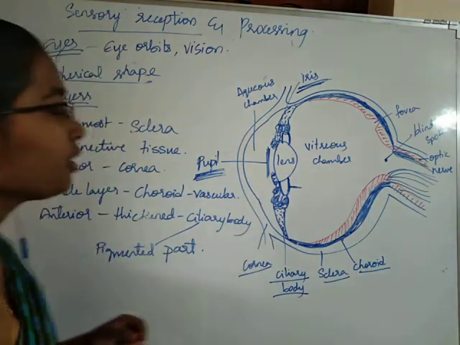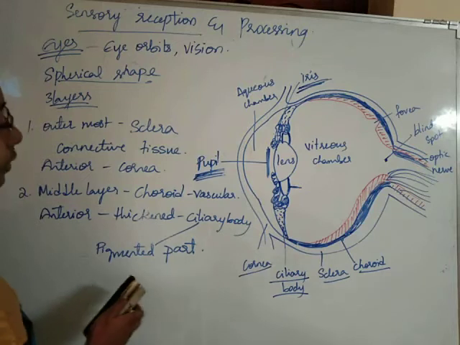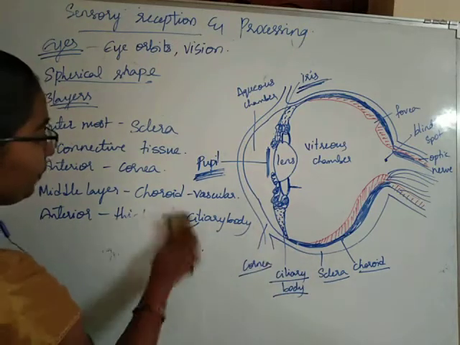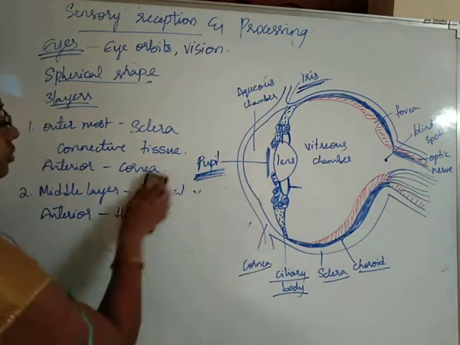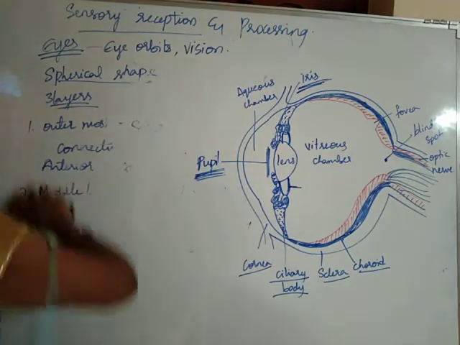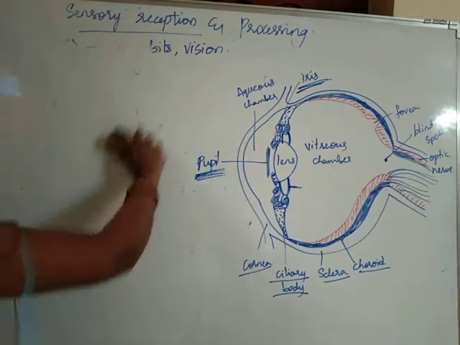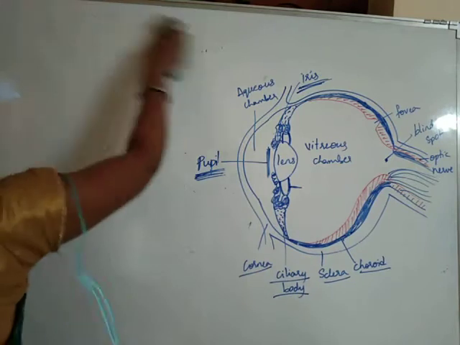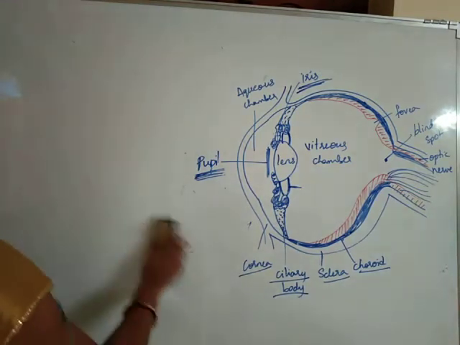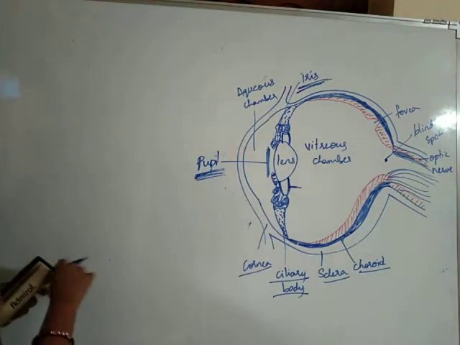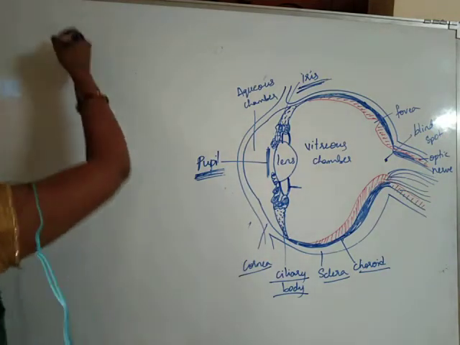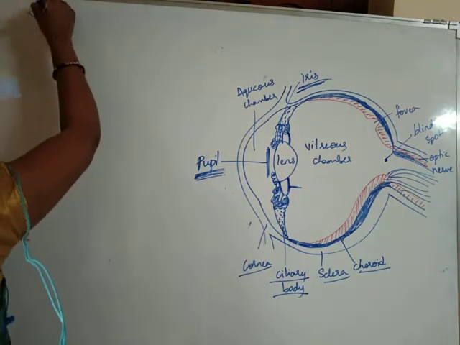Let us learn more regarding the last part of the eyeball. The next part of the eyeball is the retina.